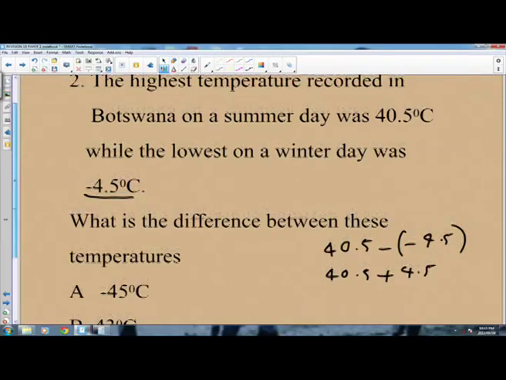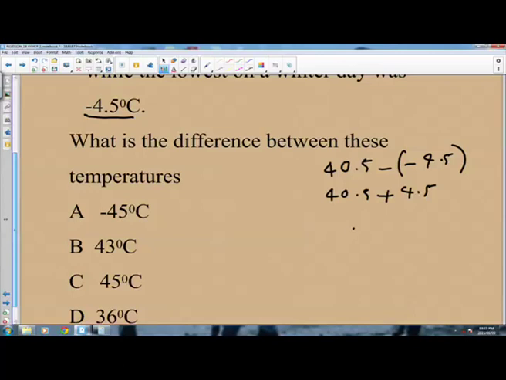And then what is 40.5 plus 4.5? 5 plus 5 is 10, carry 1. And then 0 plus 4 is 4, plus 1, 5, and then a 4. Meaning the temperature difference is 45.0, which is just 45 degrees Celsius.